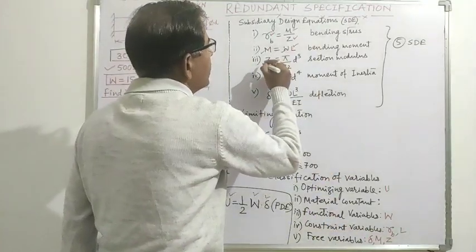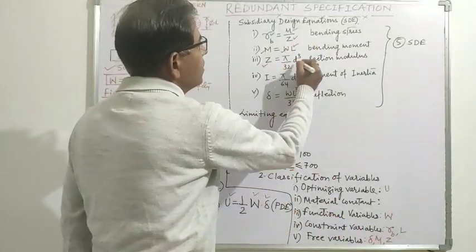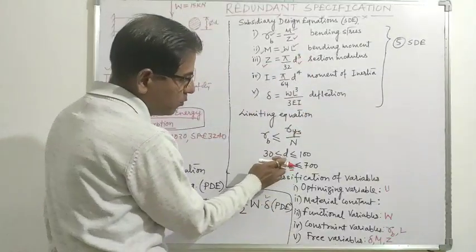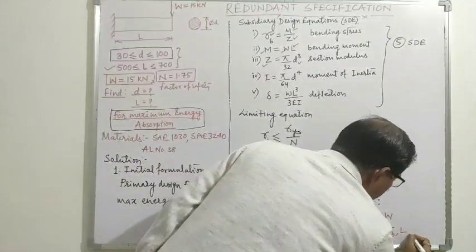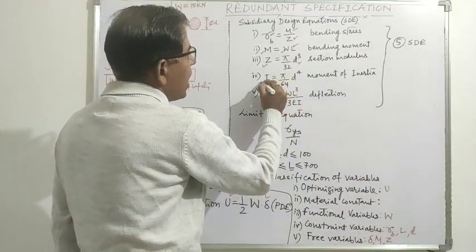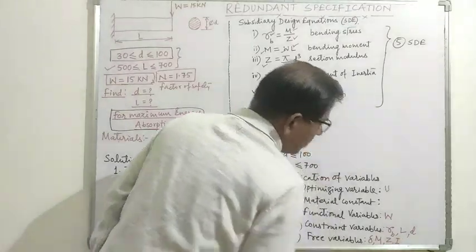Z we have already written. Small d, again a constraint is imposed here, so it will go into constraint variable. Then I. I is a free variable.